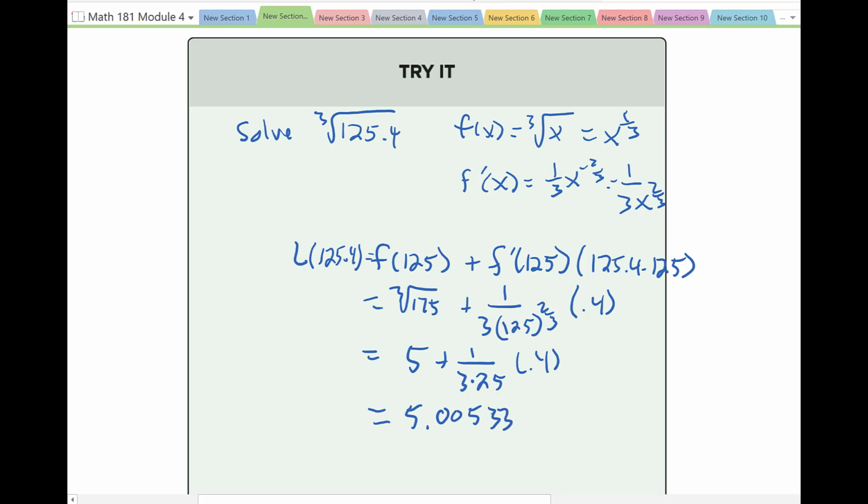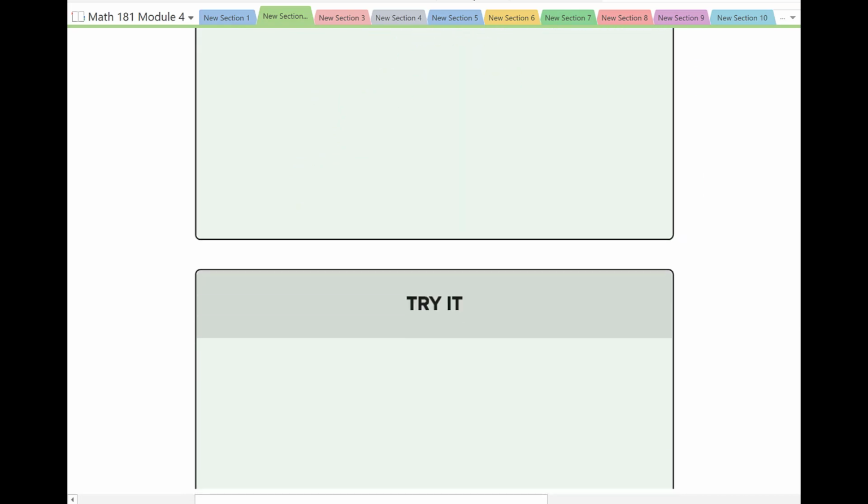And let's see. Let me just look at the 125.4 to the power of 1 divided by 3. 5.005327. Wow, that's close for a ways. Okay, because that rounds up to 533. Okay, let's go on to, I think it's our last problem now.